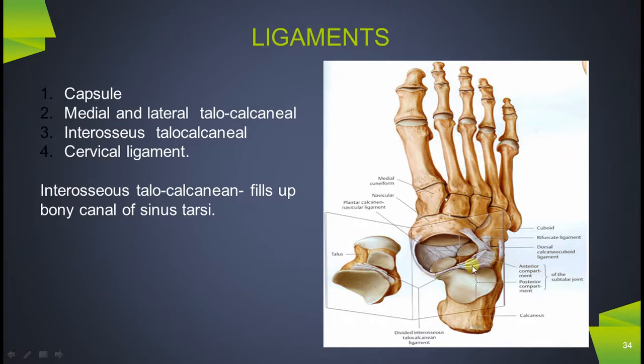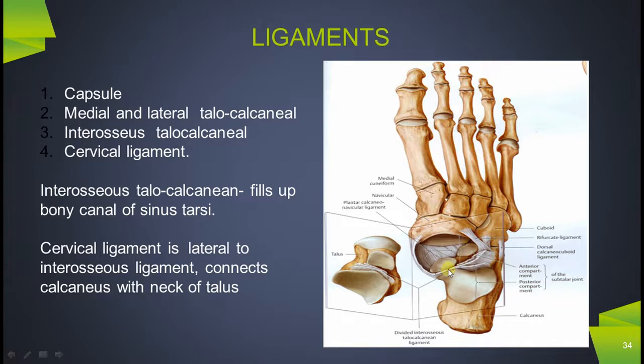The interosseous ligament separates the anterior and posterior articular compartments of the calcaneum, since it is present between the bones. This is going to be the calcaneo-navicular articulation.